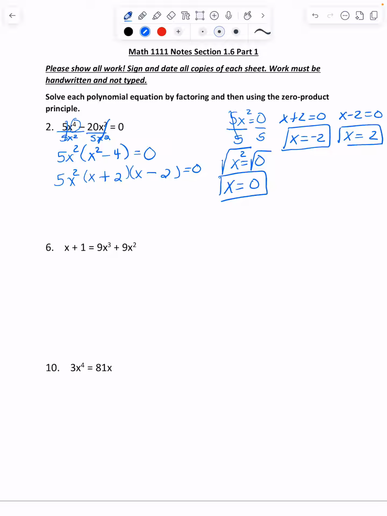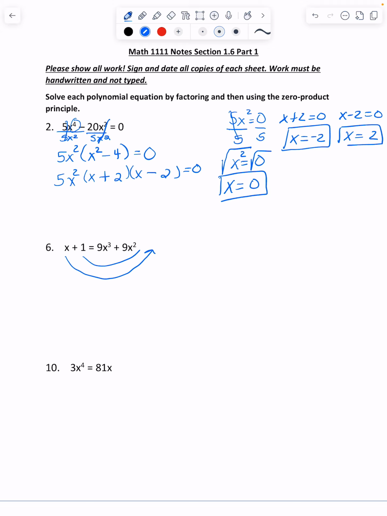Looking at number 6, I need to, first of all, get this problem set equal to 0. That's the only way that I can use the zero product principle. So, would you move 9x cubed to the left side or x and 1 to the right side? I probably would want my highest exponents to be positive, so I'm going to move everything over to this side.